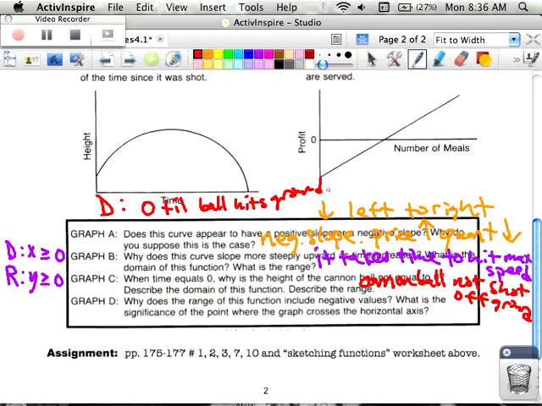For the range, which is the height, the range is going to go from 0 up to the max height the ball reaches. So at some point in time, the ball's at the top. And you can notice this anytime you throw anything up in the air, and then it comes back down to the ground.